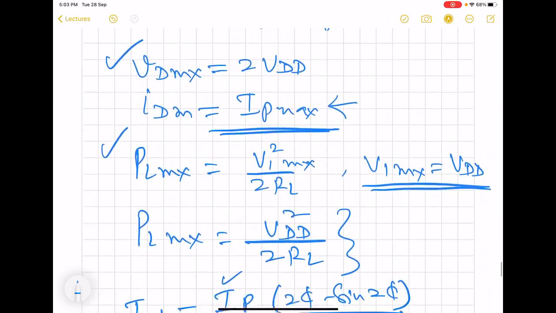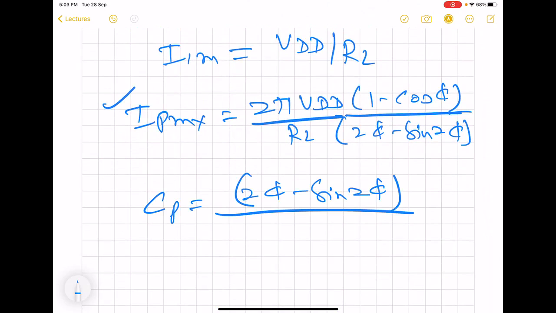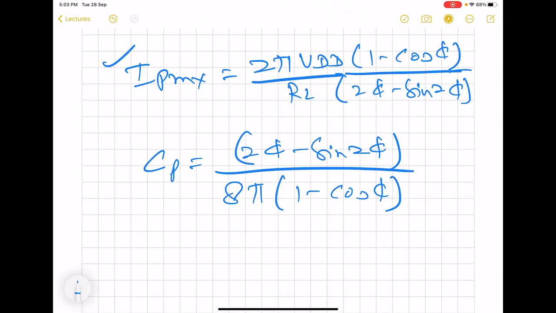If we do all these calculations, C_P will turn out to be (2 phi minus sine 2 phi) divided by 8 pi (1 minus cos phi). So for class A and for B, both of these classes, we have found this was equal to 1 by 8, that means 0.125.